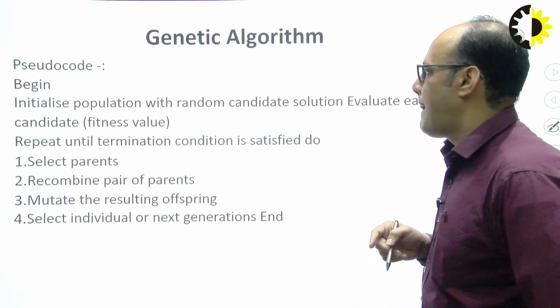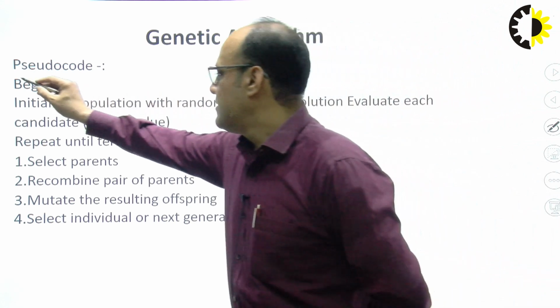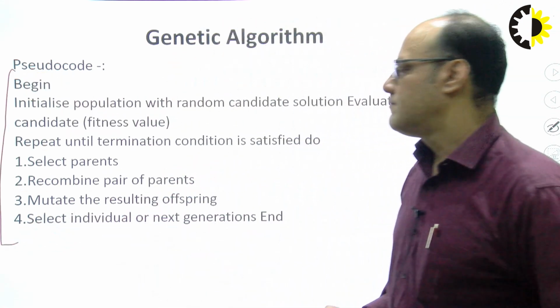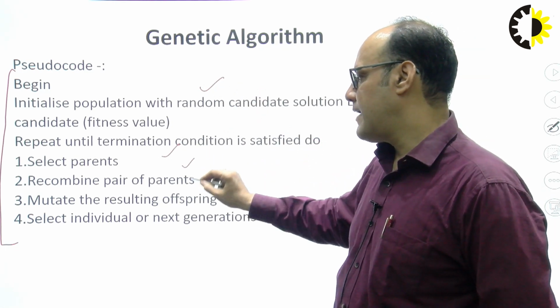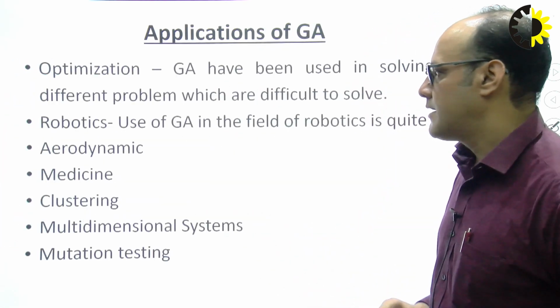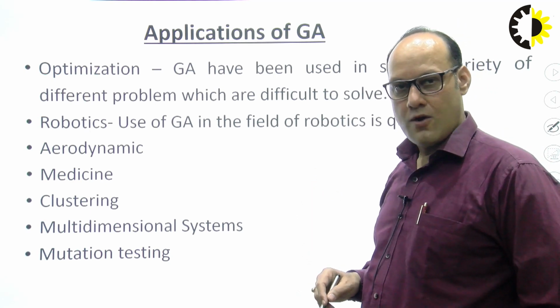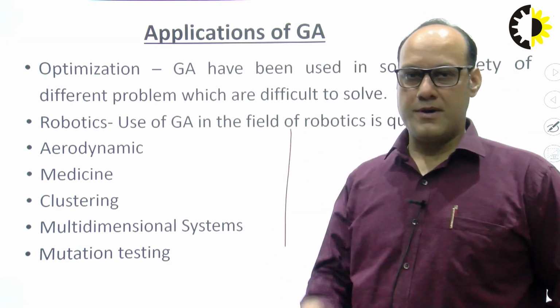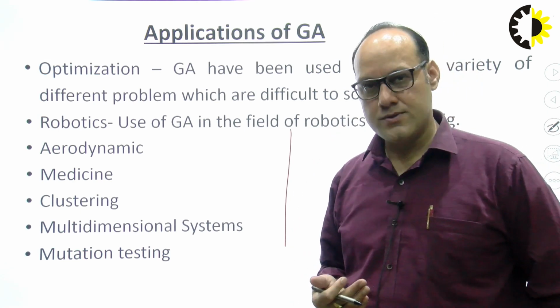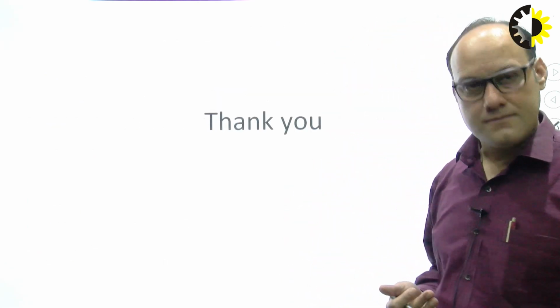This is the genetic algorithm pseudocode. We first initialize the population, select the parent, recombine, mutate, and select the individual. These are some applications of the genetic algorithms. In my coming lectures, I will brief you in detail. Okay, students, thank you all of you.